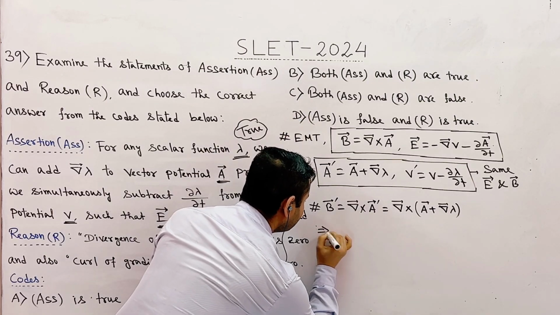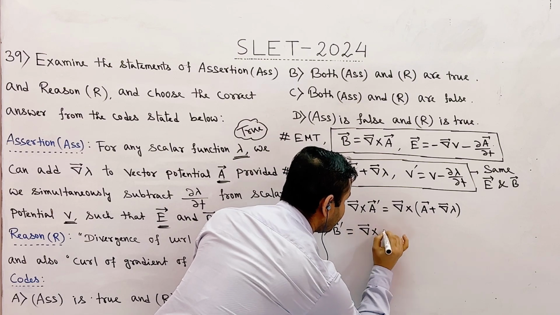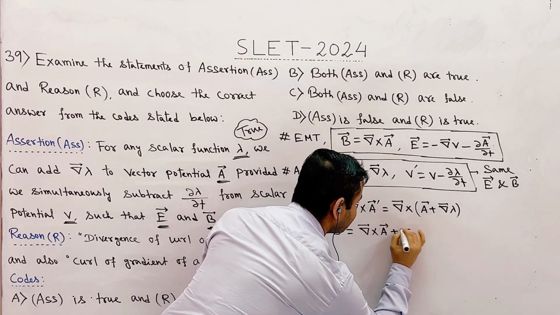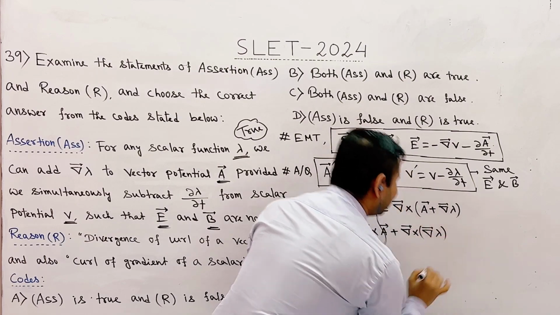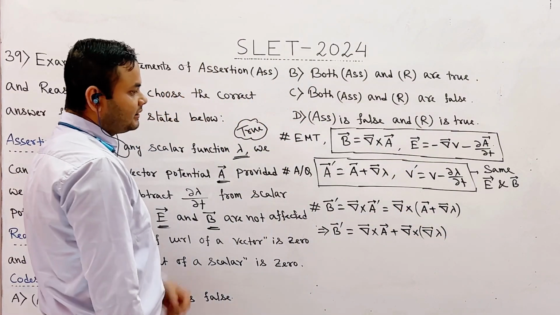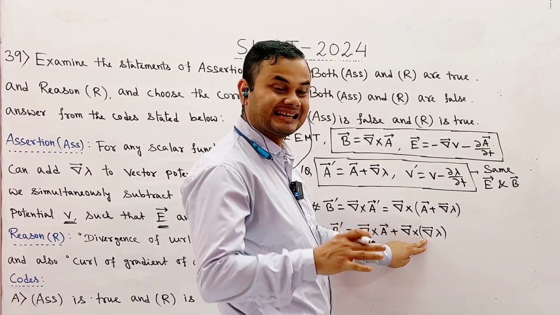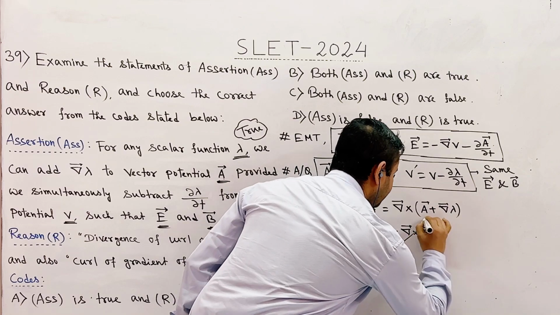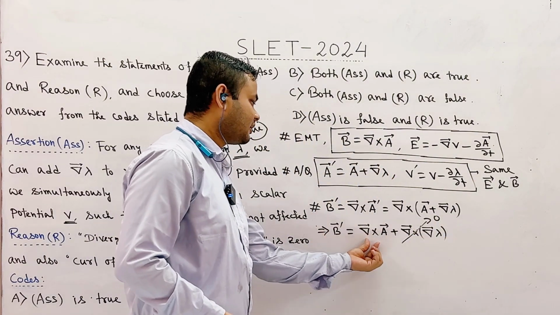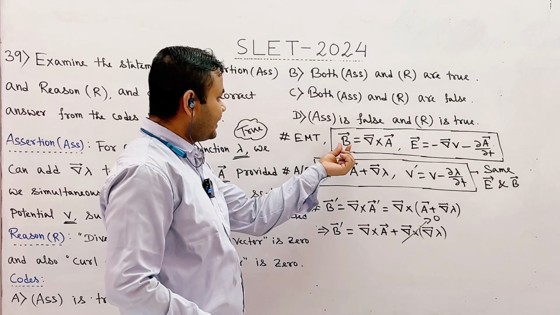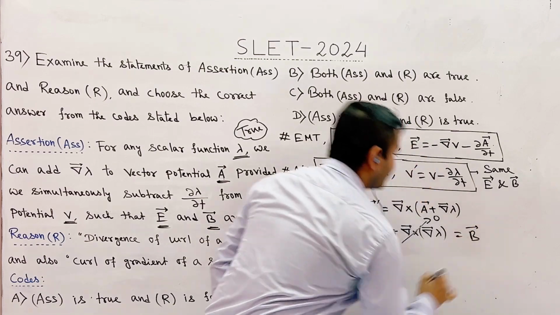So after simplifying, we will get B prime equal to curl of A plus curl of gradient of scalar function lambda. Again, from vector identity we know that curl of gradient of scalar function is always 0. So this term is always 0. So ultimately we will get B prime equal to curl of A. Again we know that curl of A is B vector or magnetic field.